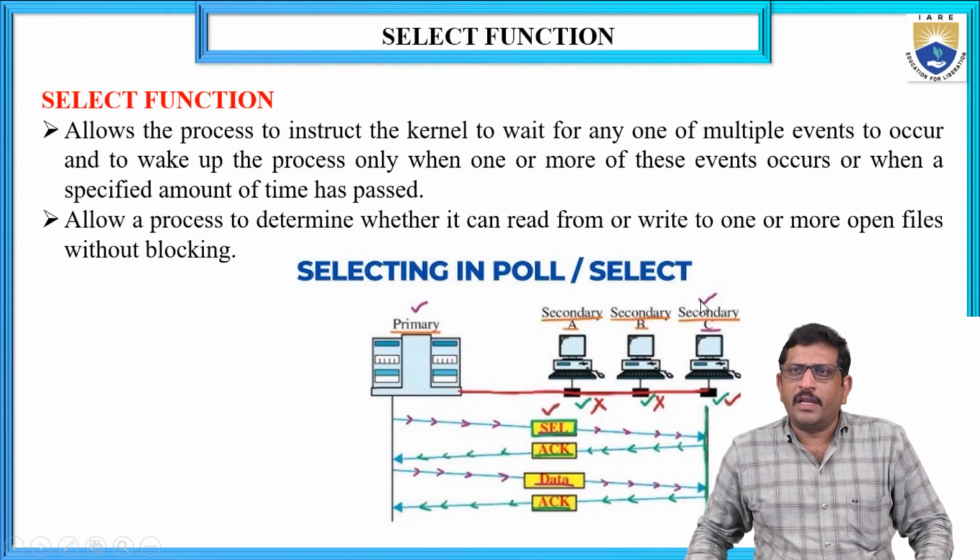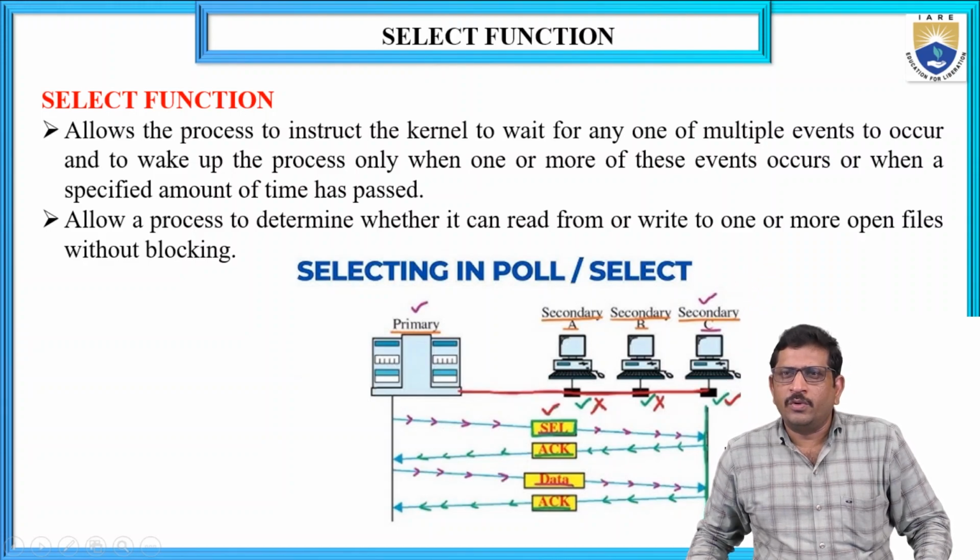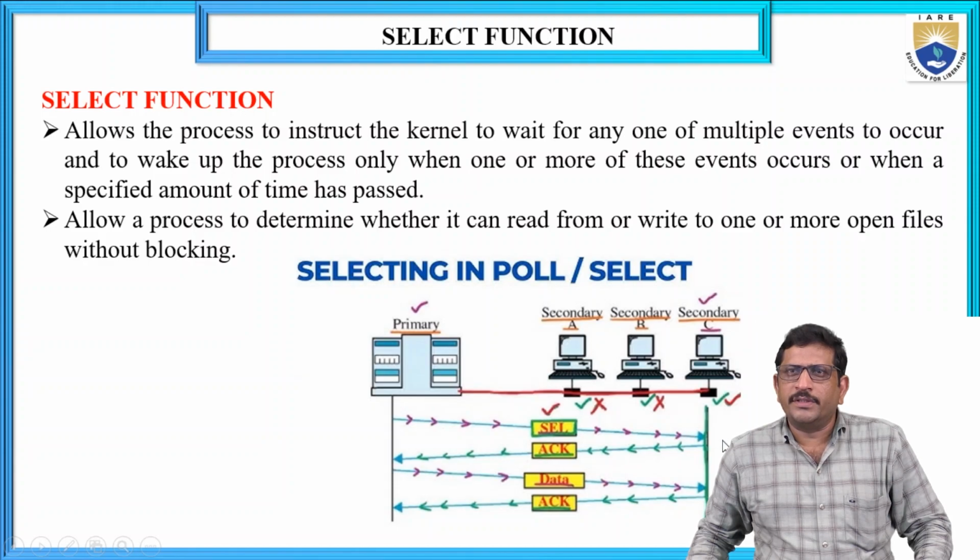Here we have selected the secondary device. This device we have selected. If it is available for communicating, it sends an acknowledgement to the primary device. If it sends the acknowledgement that it is ready to communicate, the primary device immediately sends the data to the selected secondary device, and it sends an acknowledgement.